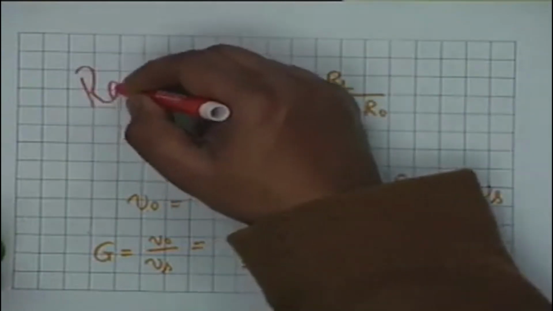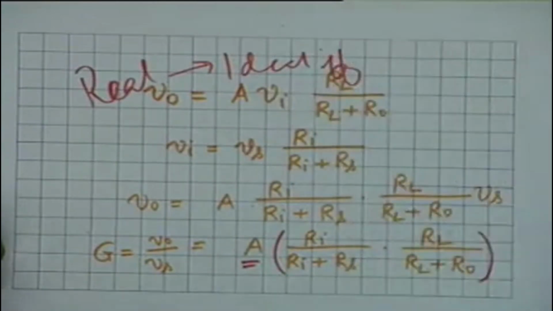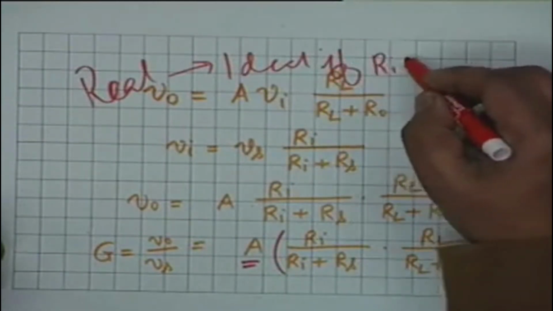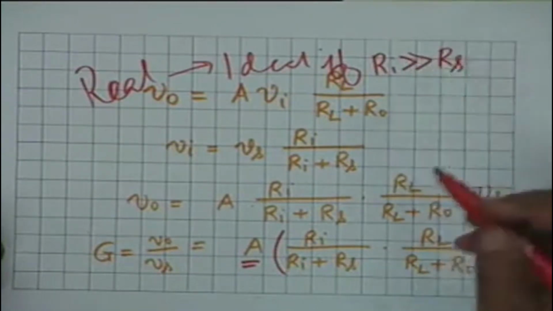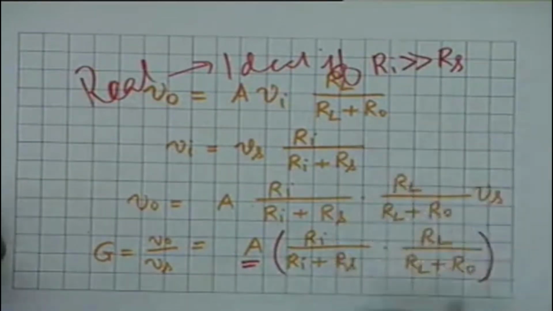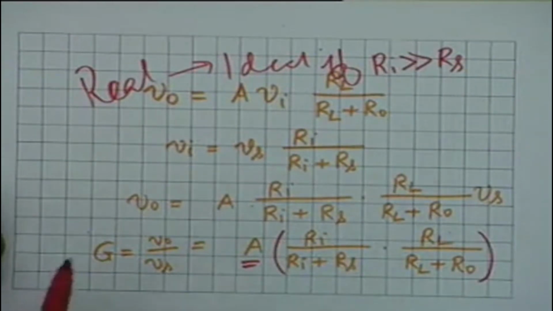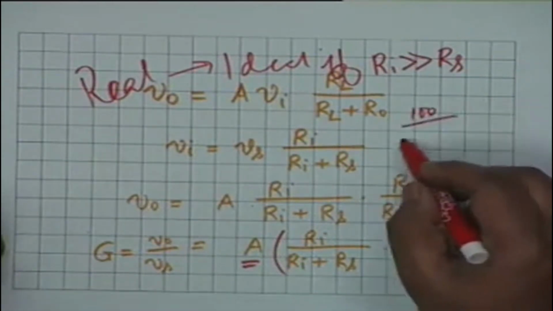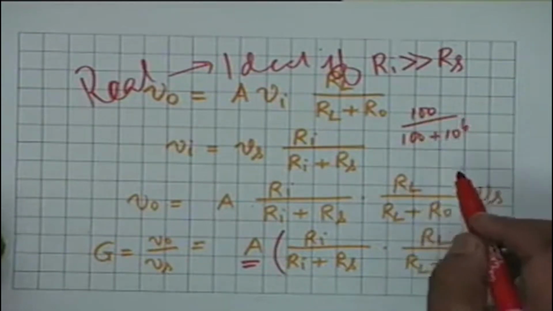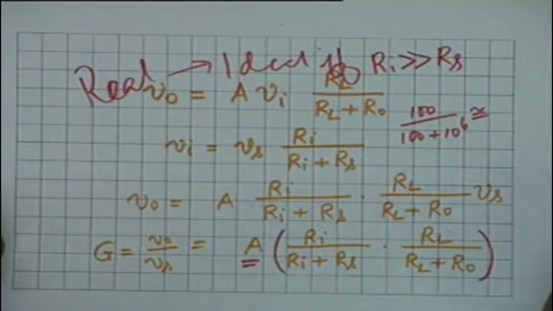A real amplifier shall approach an ideal if Ri is much greater than Rs. All right. It does not have to be infinity, but Rs is so small. For example, if Rs is 100 ohms and Ri is 1 meg, well, what does it mean?